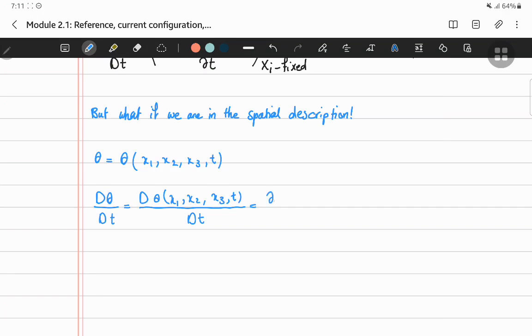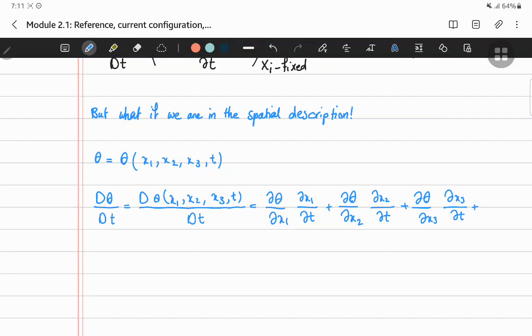So I have the partial derivative of theta with respect to x1 times the partial derivative of x1 with respect to t. This is the chain rule. Plus, theta is again a function of x2, where x2 is a function of t, plus the partial derivative of theta with respect to x3. I know x3 is also a function of time, so the partial derivative of x3 with respect to t.